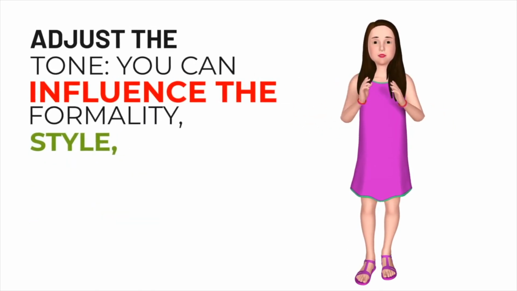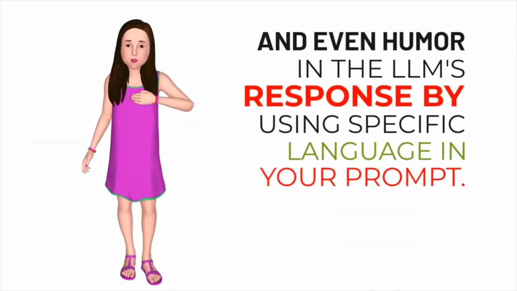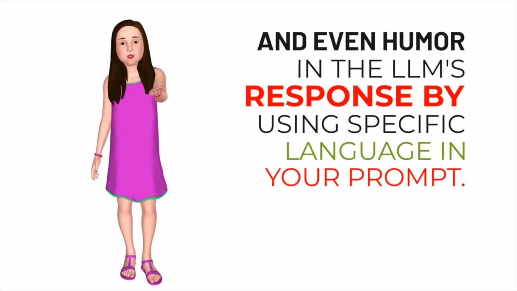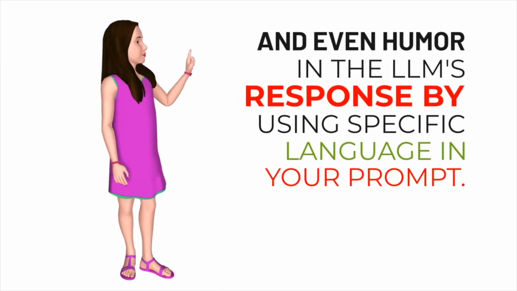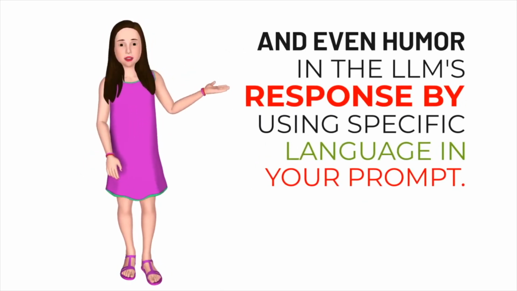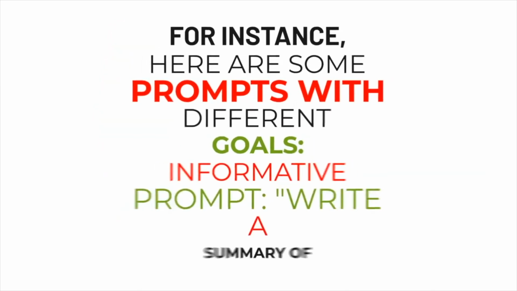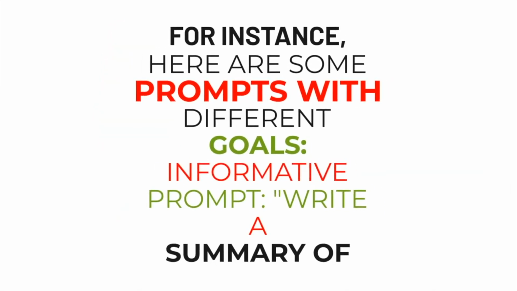Adjust the tone. You can influence the formality, style, and even humor in the LLM's response by using specific language in your prompt. For instance, here are some prompts with different goals.